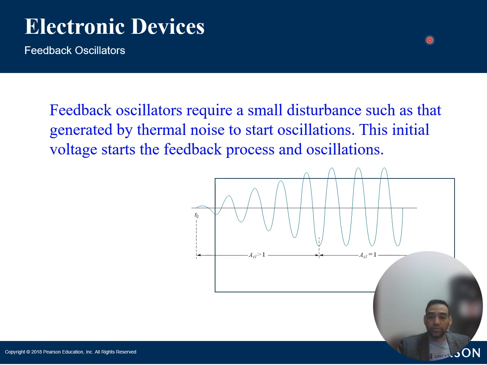Component tolerances themselves can create this disturbance. You can have small power supply fluctuations, external electromagnetic interference, whether intentional or not. When these small disturbances occur in the feedback oscillator circuit, they impact the amplitude, frequency, and phase of the output waveform, if the oscillator circuit is not properly designed to handle those disturbances.